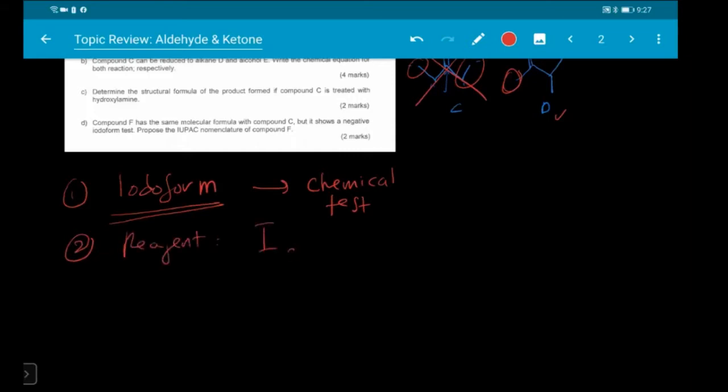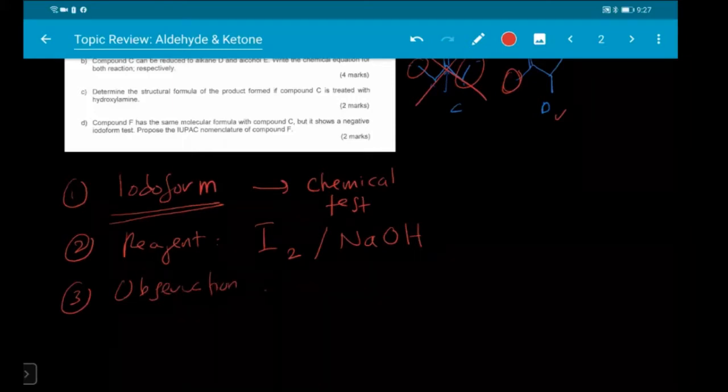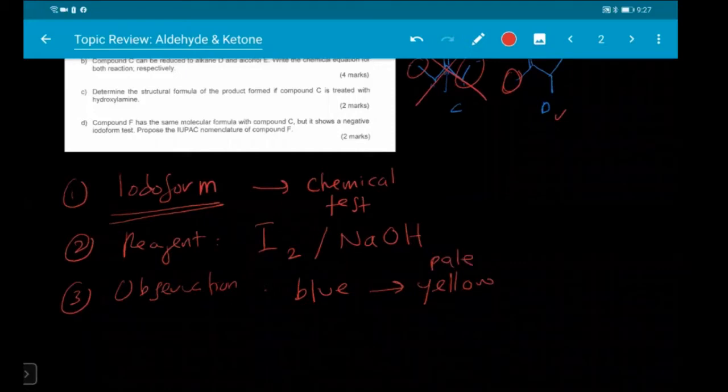Reagent dia adalah iodine in sodium hydroxide. Alright, the third one, the observation is it will become positive if the color changes from blue to pale yellow precipitate. Alright, pale yellow precipitate atau pale yellow solution. This is observation if positive.